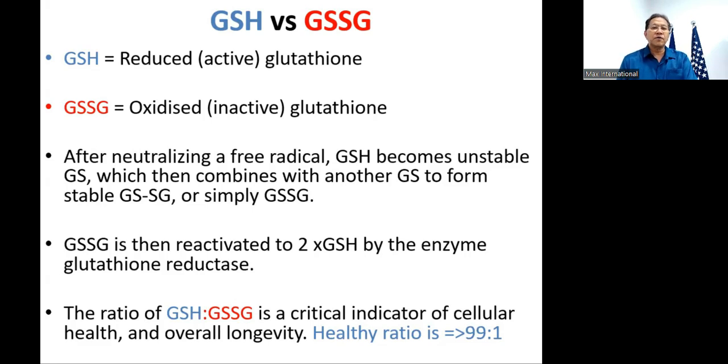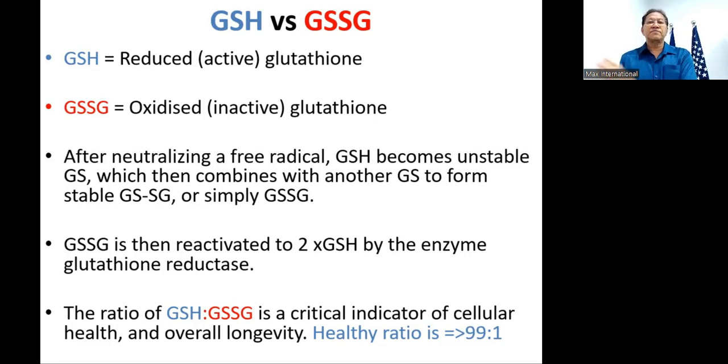But for glutathione, immediately 2 molecules of the GS, so GSH is the reduced form, then in the process of fighting a free radical, it will lose the hydrogen atom, then become GS. So 2 molecules of GS back to back is GSSG, and is the oxidized form. So in that way, by combining the 2 together, then it is not reactive. Like if GS alone is reactive, meaning it is unstable.